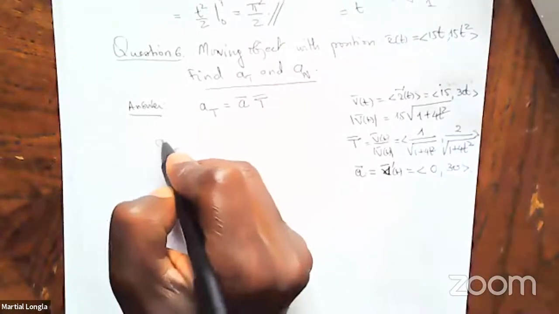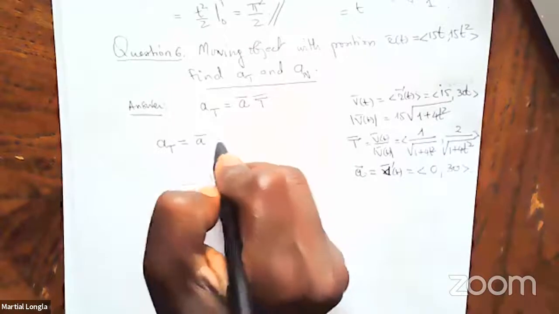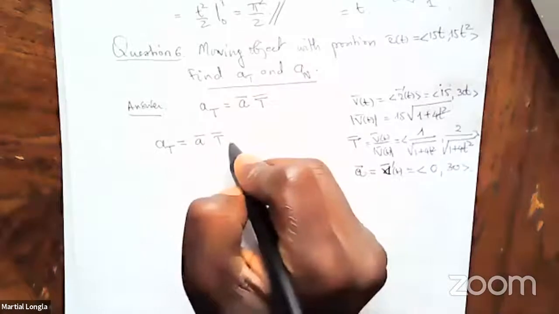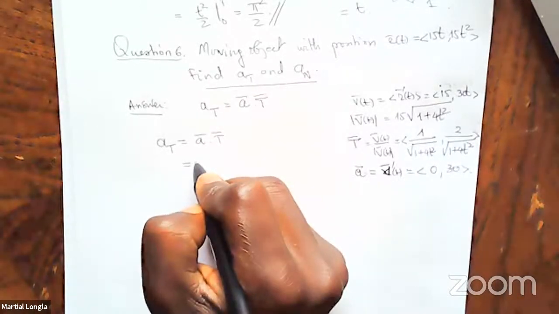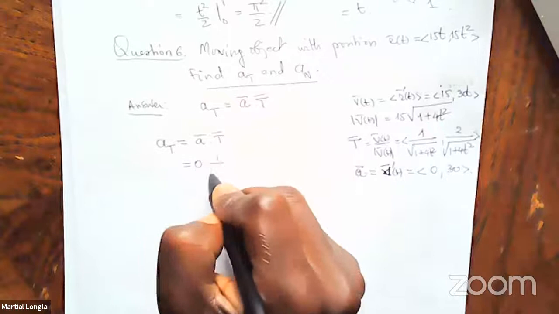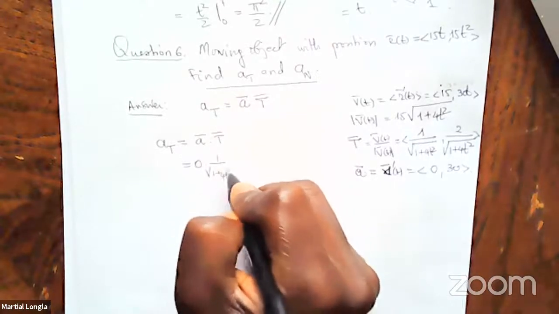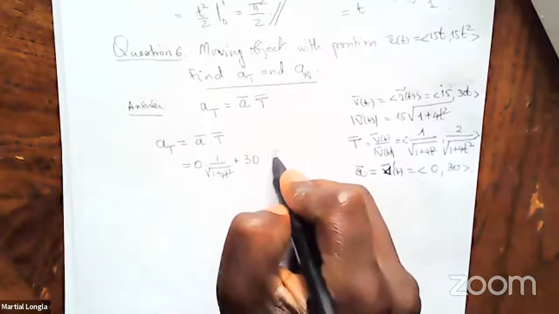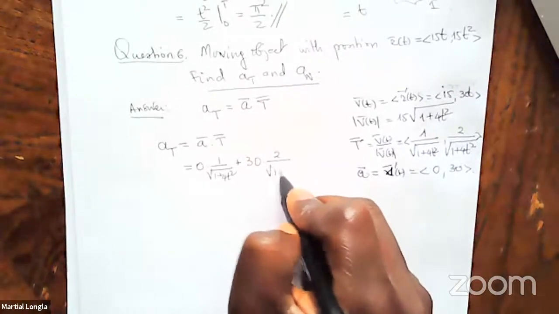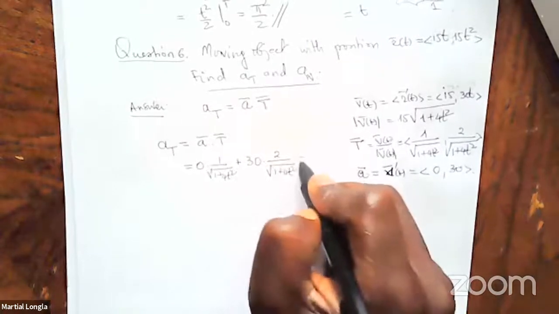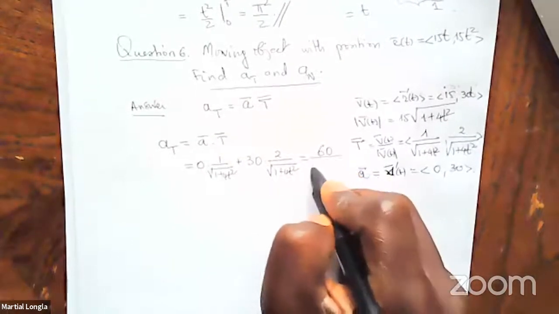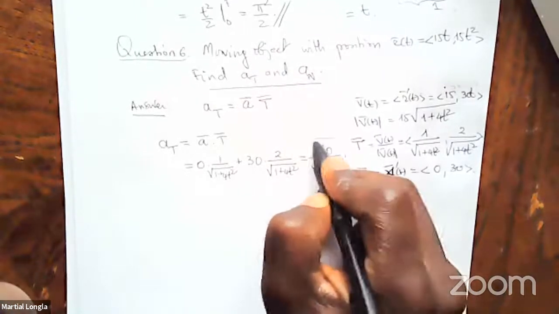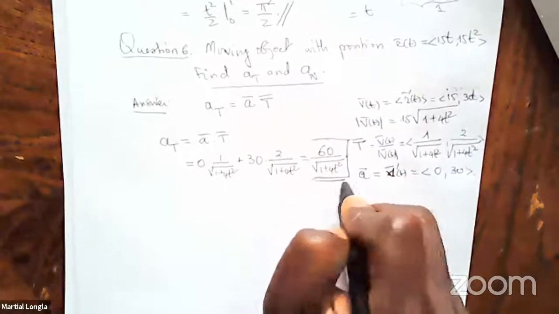So a tangential is a dot T. And that is 0 times 1 over root 1 plus 4t squared plus 30 times 2 over root 1 plus 4t squared, which gives you 60 over root 1 plus 4t squared. That's a T.